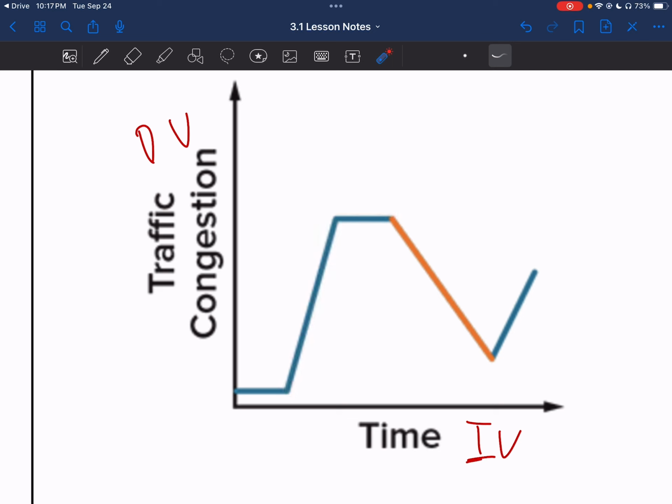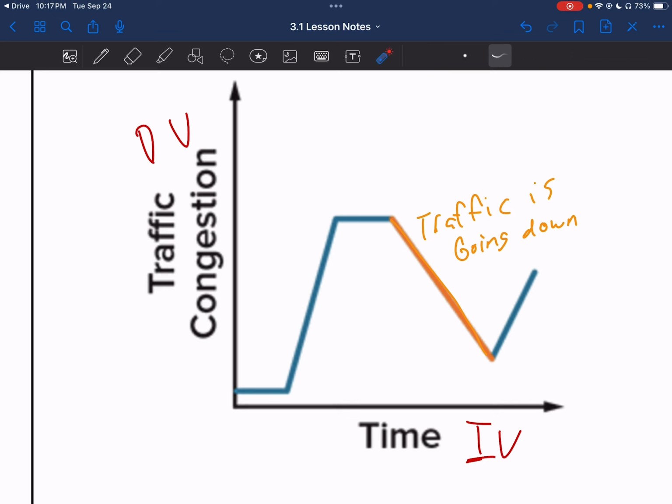Now, what's happening in the orange segment is the question that we're being asked. And in that orange segment, we could say the traffic is going down. So maybe this is when people are getting to work. So the amount of traffic is decreasing because people have already gotten to their destination.